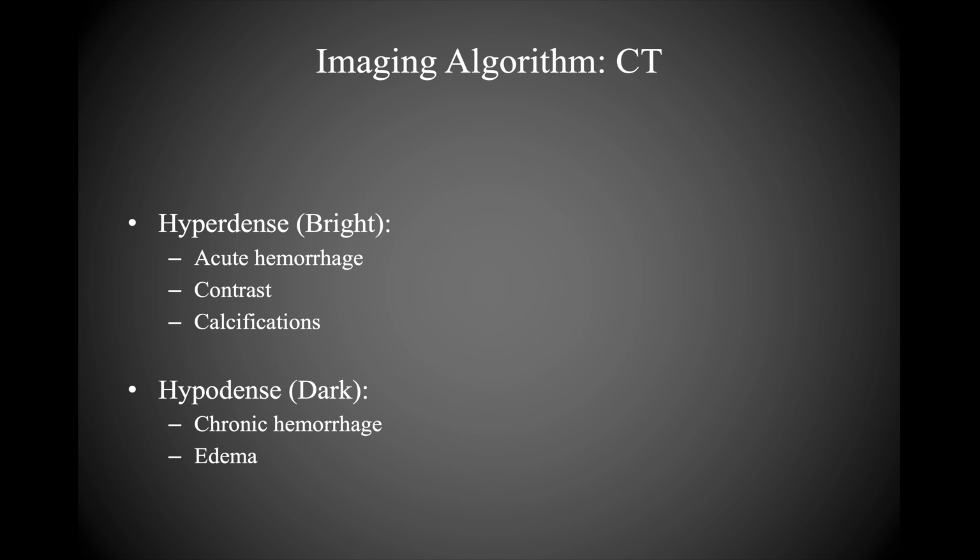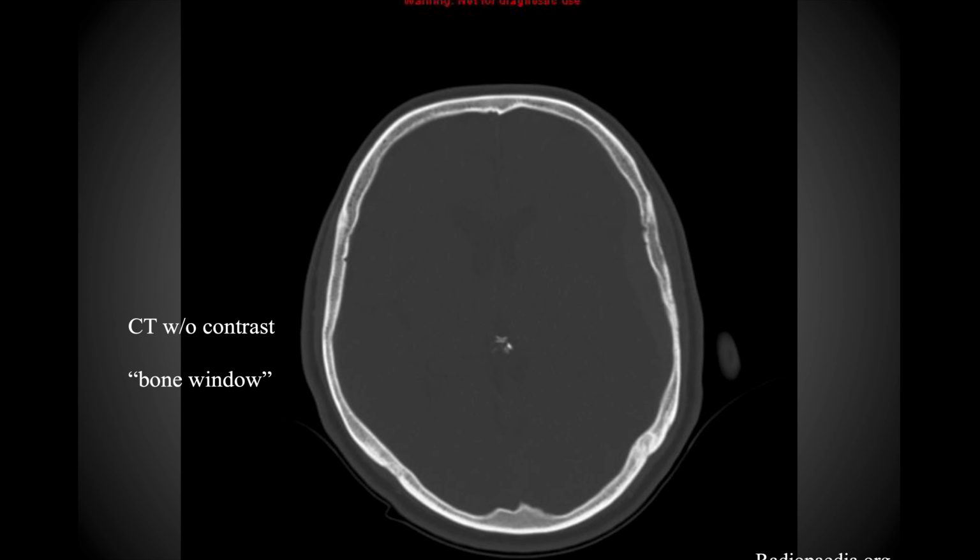So those are just a few important points to keep in mind. Of course, this course is more focused on the anatomy. So thinking more along these lines, calcifications, contrast media, etc., are going to help us. Whereas these other things like chronic hemorrhage, edema, acute hemorrhage, these are the sorts of things that we're going to be looking for that are going to be useful clinically when trying to diagnose a patient.